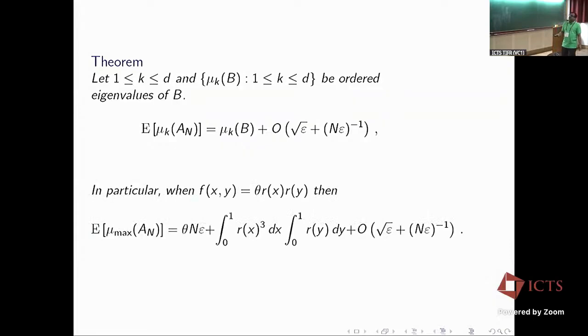In particular, when fxy has this special rank 1 form, we can write down exactly the first term and the second term. There is a theta n over here which has been suppressed, and this is much smaller. So in other words, there is a description, although not very neat, of the centering parameter as well.